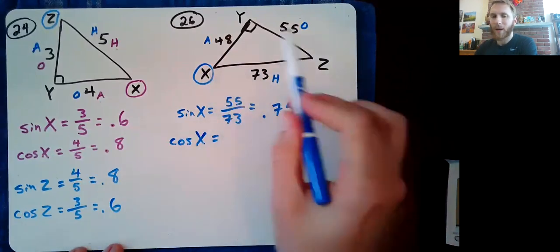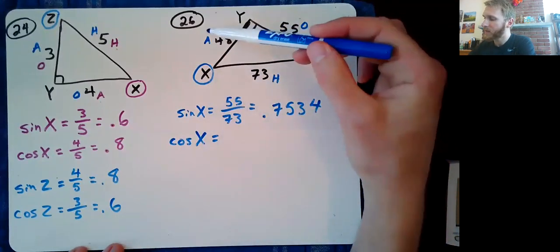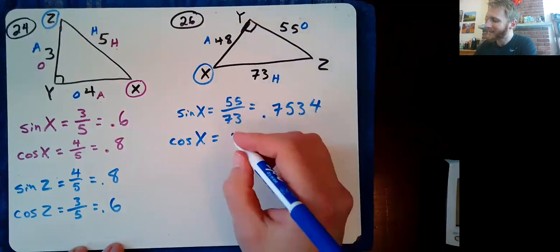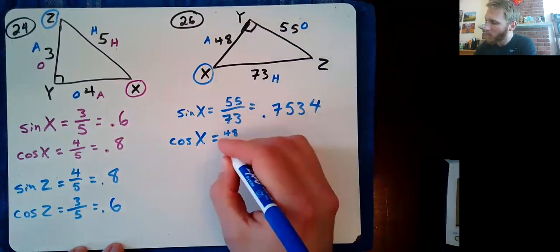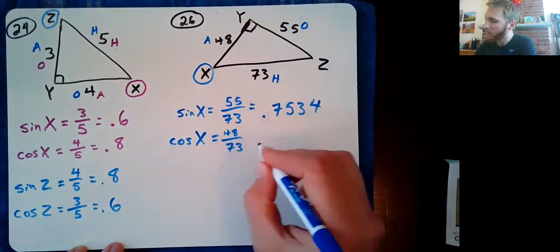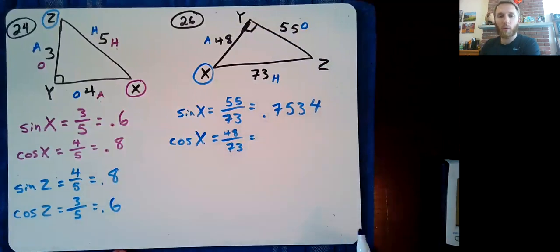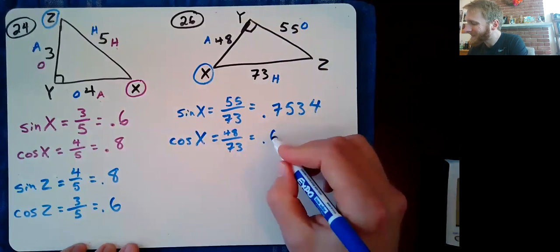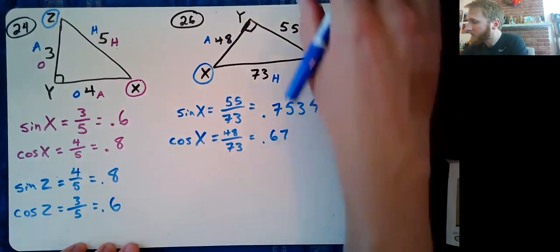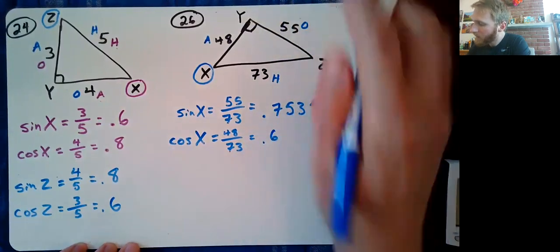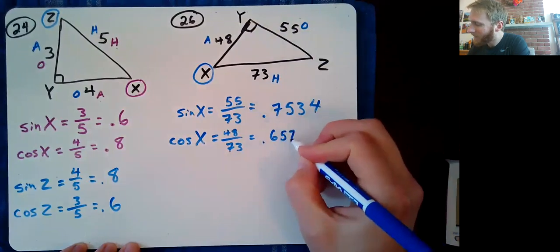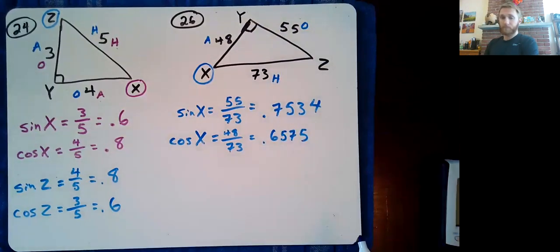Again, I've got all the sides labeled, so it's adjacent over hypotenuse, which in this case is 48/73. If I type that in my calculator, it's 0.6575. Cool. All right, that's everything related to angle x.